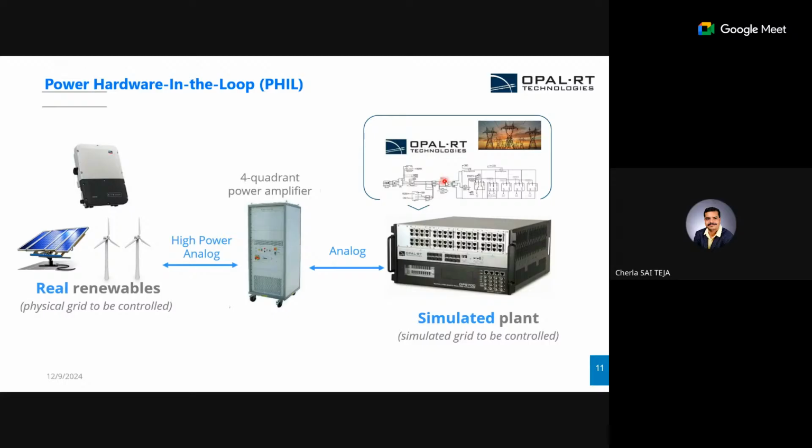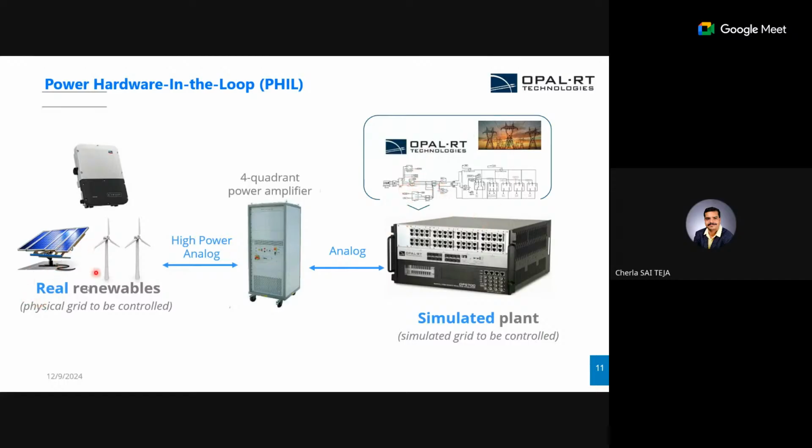The best example I can show you is, let us say I want to do renewable penetration into the existing grid. I have some renewable based plant which is simulated in the model along with the existing grid. In order to verify the controller response with a real renewable plant, let us say I have a PV farm.